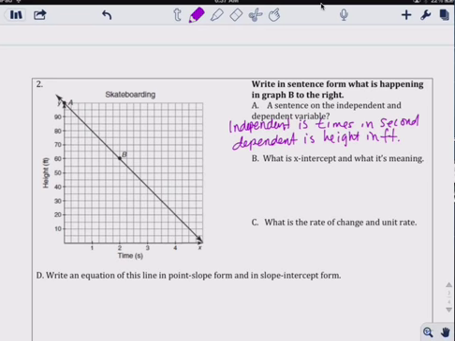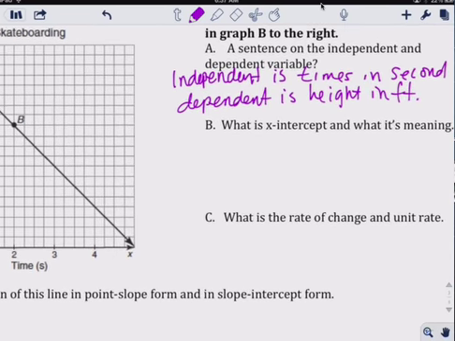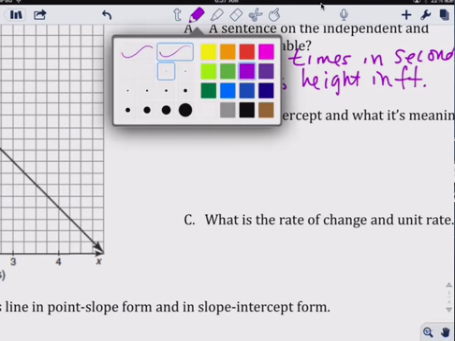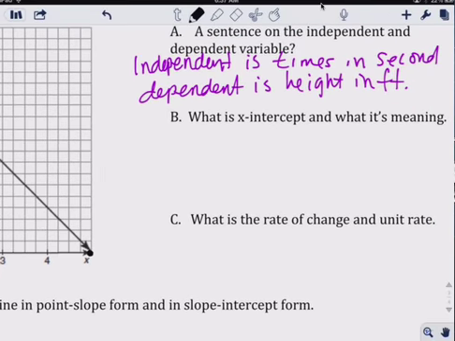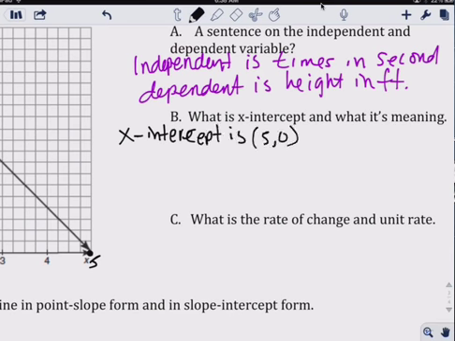What is the x-intercept? What it means. X-intercept looks like it may be right here. That's a 5. So x-intercept is (5, 0).